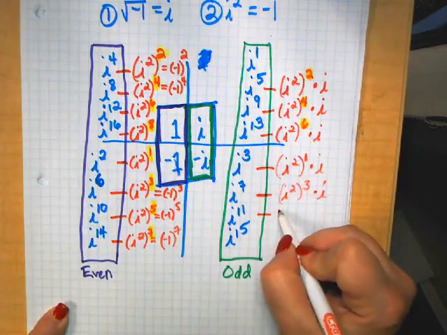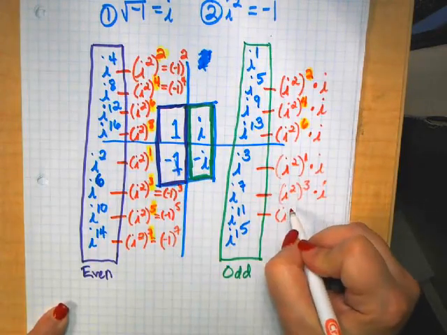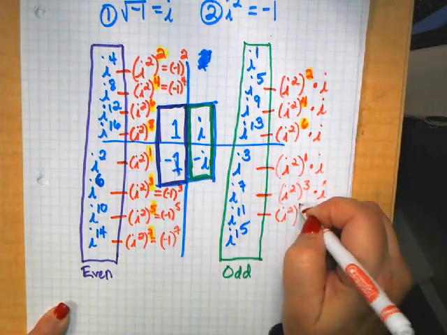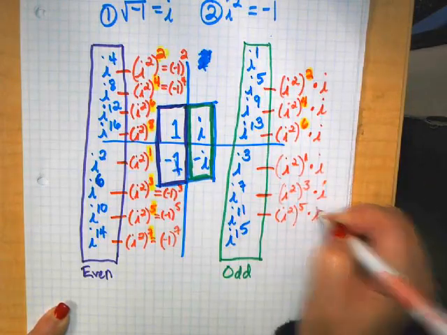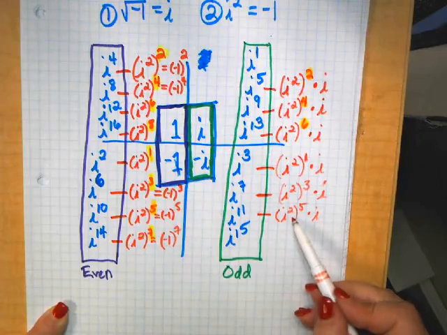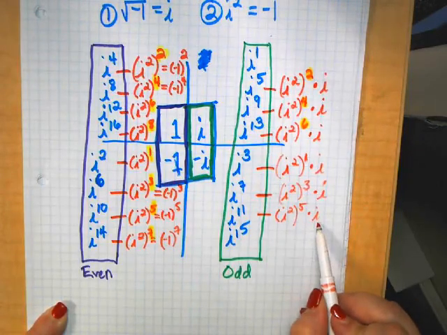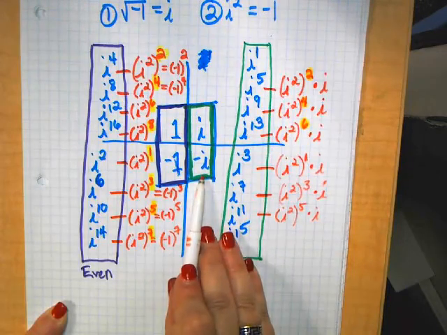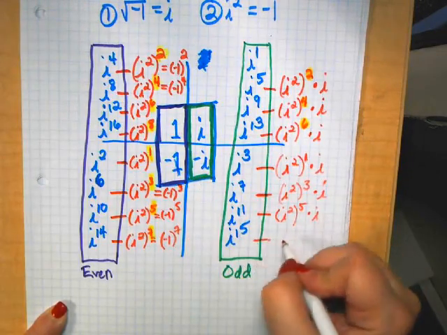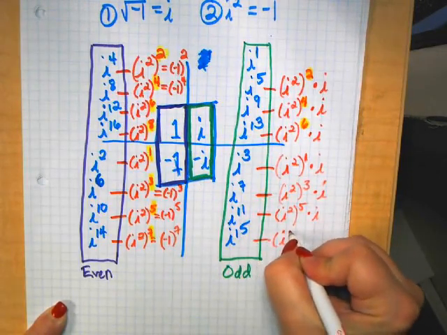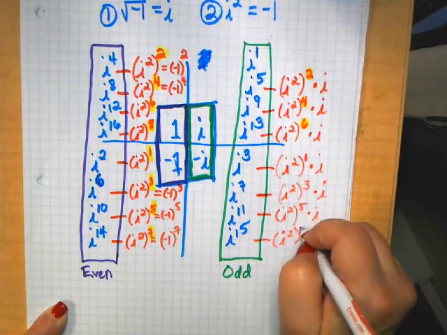i to the 11th has 5 pairs of i's with an extra. Negative 1 to the 5th is going to be negative 1 times i gives us negative i. And finally, i to the 15th has 7 pairs of i's with an extra.